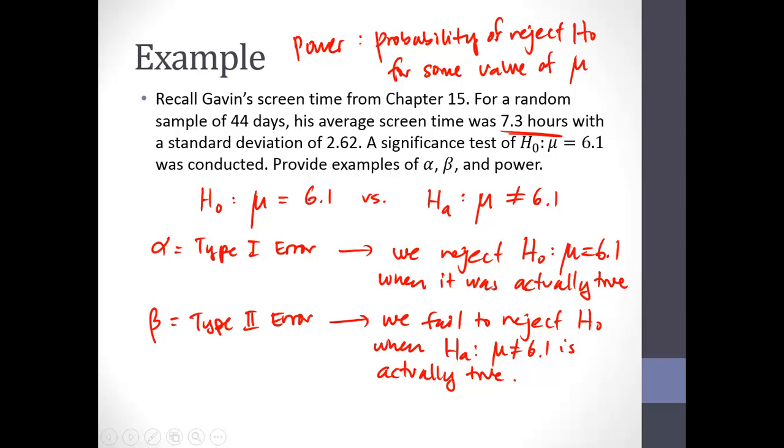We're not going to spend a lot of time talking about what the power is. We're saying that the mean is either equal to 6.1 or it's not, but we could figure out the probability of rejecting that for some other value. So if the mean was actually 7, what's the chance that we would reject the null hypothesis? That can be of interest, although we won't really get into that in this class.